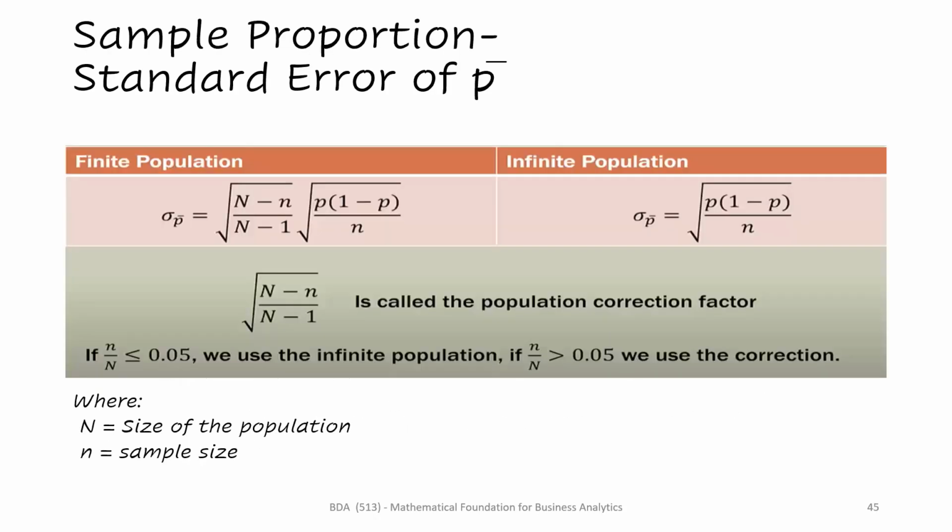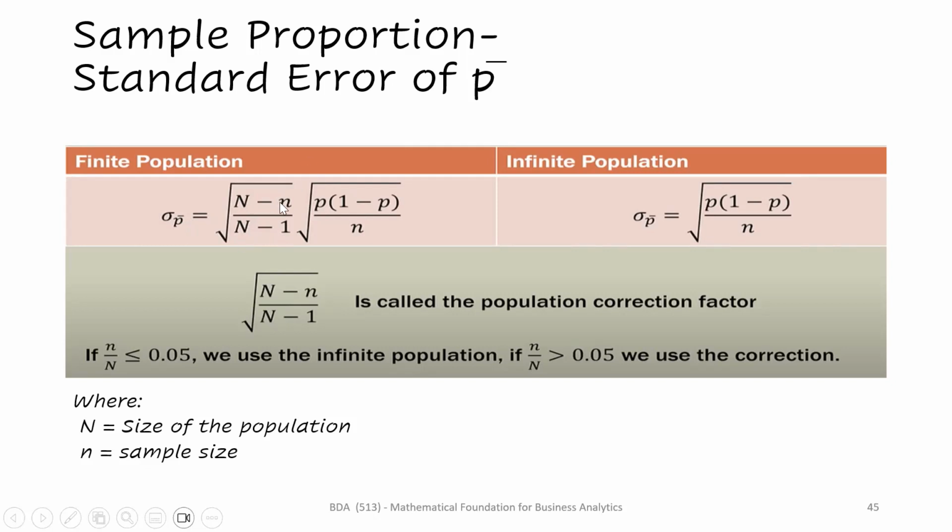So where we know the population, our standard deviation becomes the population that we know, minus the sample size, all over the population minus 1.